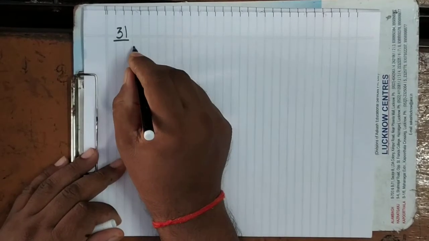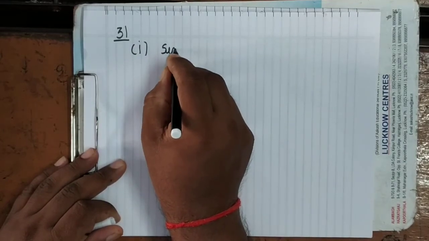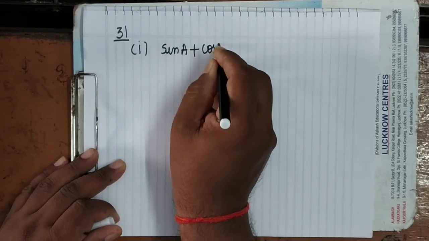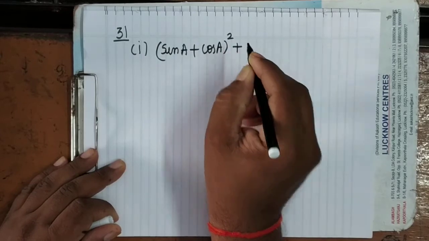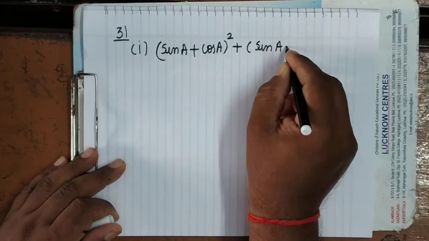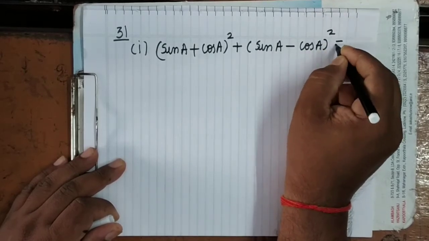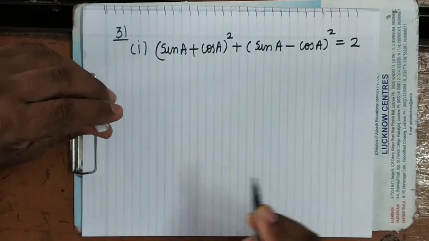Here the first proving is, you have to prove (sin A plus cos A) whole square plus (sin A minus cos A) whole square equals 2. How will you do this question?